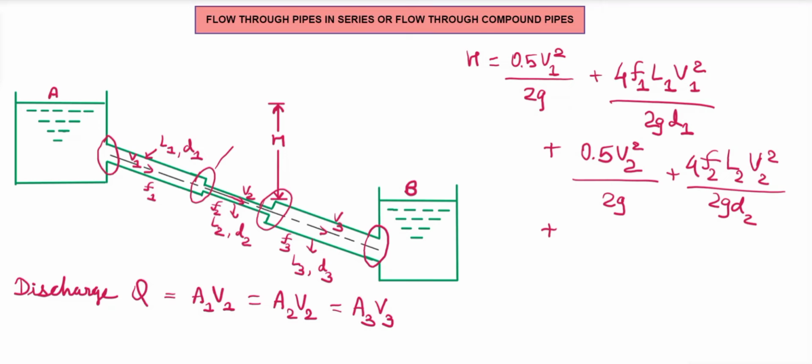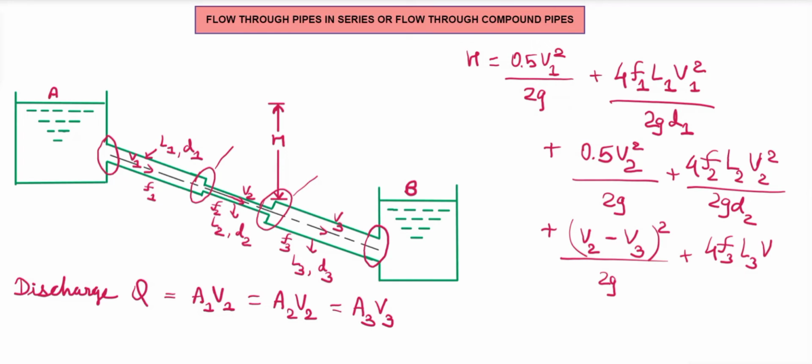Then we'll consider the energy loss due to sudden enlargement, where the head loss is given by V1 minus V2 whole square divided by 2G. Here it is between pipeline 2 and pipeline 3, so it will be V2 minus V3 whole square upon 2G, plus the major energy loss, 4 FLV square by 2GD.